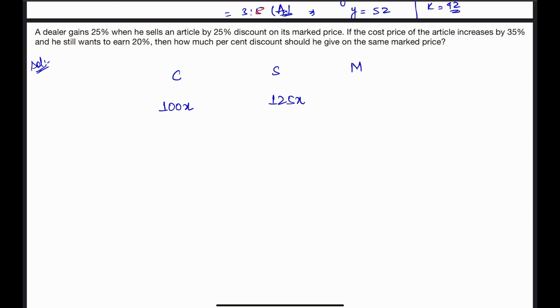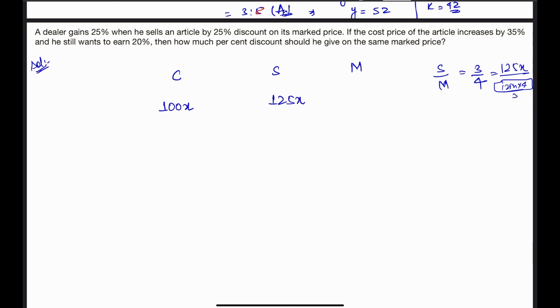So he's selling at 75% of the market price. Selling upon market price will be 3/4. If my sales is 125x, so my this value will be 125x into 4/3.